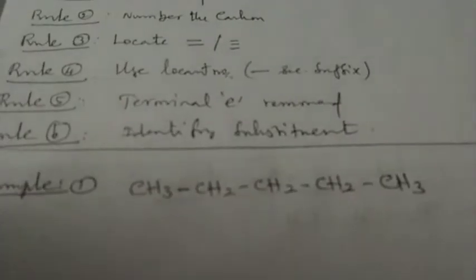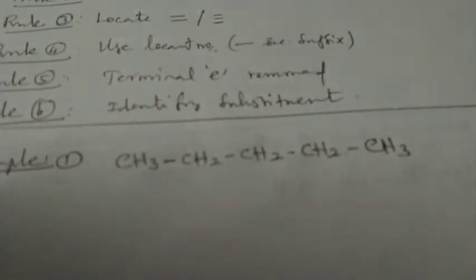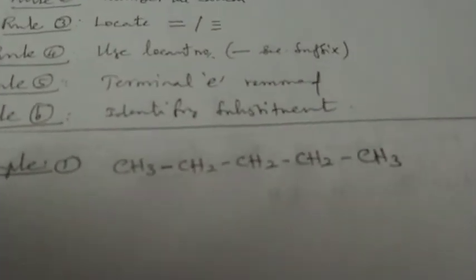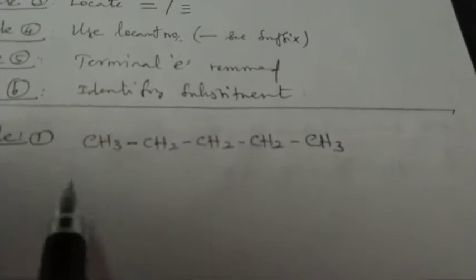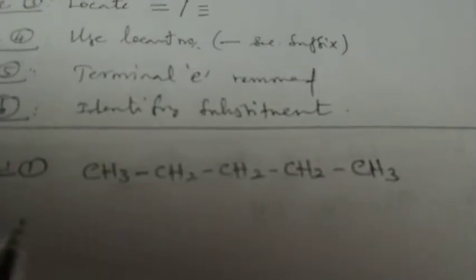Now we are going to see the examples. Example 1: take CH3, CH2, CH2, CH2, CH3. There are 5 carbons in a linear pattern. There is no branch, no substituent and no functional group.